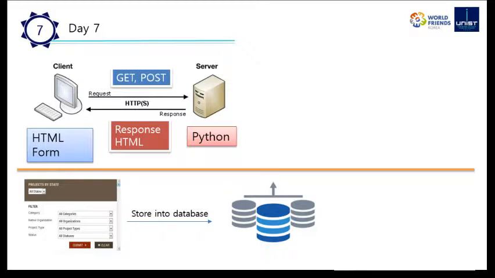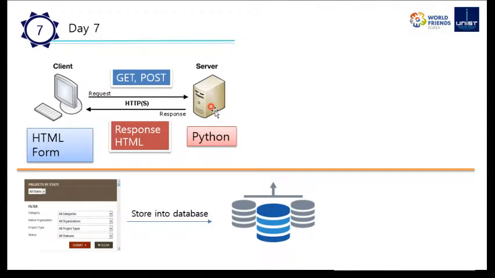Now, saving data through a form request. The basic flow of the system is that there are a client and a server. The client can make requests to the server by two methods, get and post, through the HTML form.